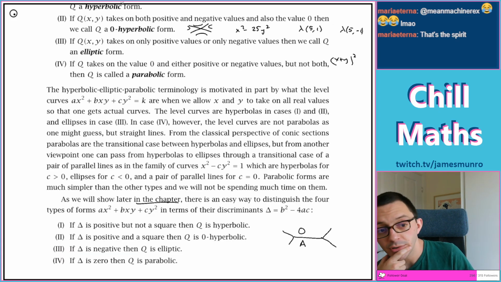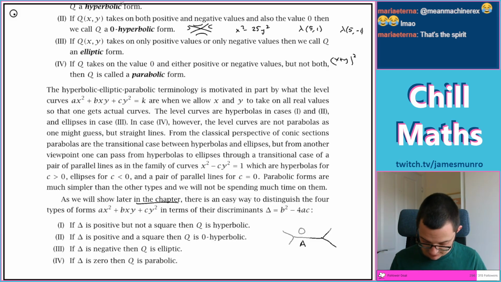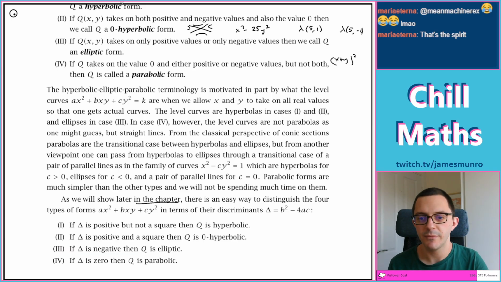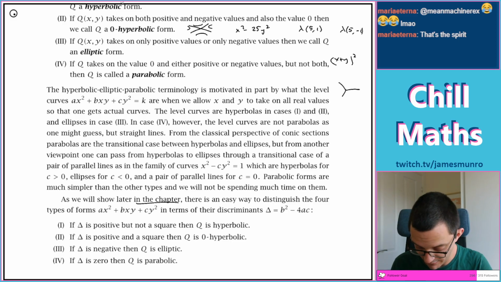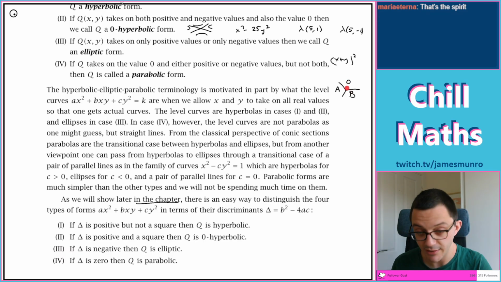Right, yeah, so I've not understood something here, because here's what I can't piece together. If it takes 0 and only either positive or negative values, but not both, then I think it's got a vertex where the values are like this, a, b, 0.